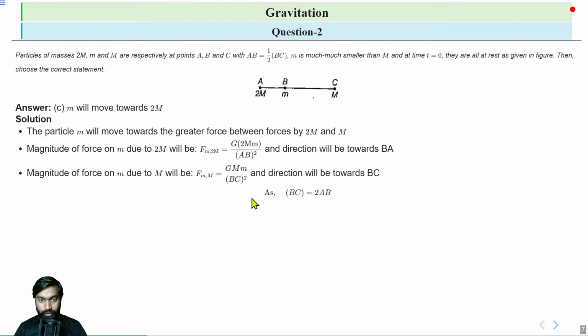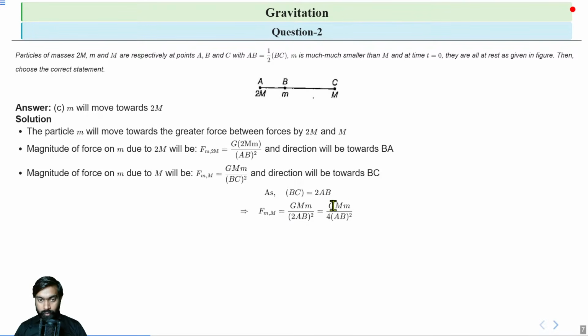According to the question, it is given that BC is equal to 2 times AB. So just put the value of BC and the value of AB. We know the force on m due to capital M is equal to G m into M divided by 2 into AB whole square.